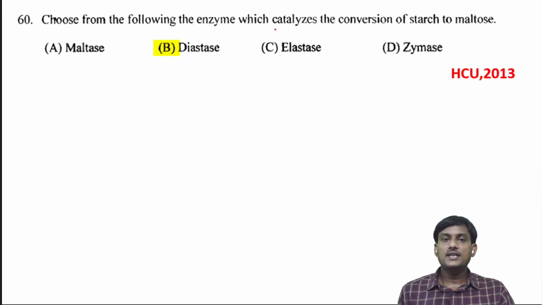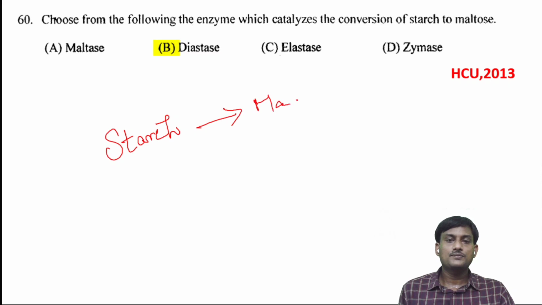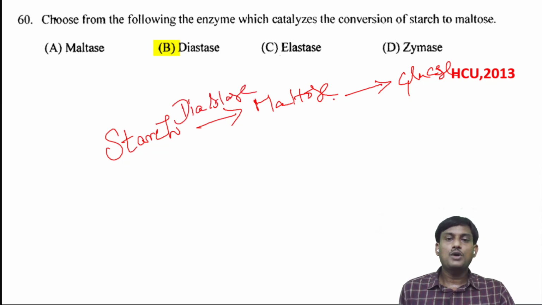Choose from the following the enzyme which catalyzes the conversion of starch to maltose. Okay, starch is first converted into maltose, and the maltose disaccharide converts into glucose monosaccharide. For the conversion of starch into maltose, we use diastase. From maltose to glucose, we use maltase.